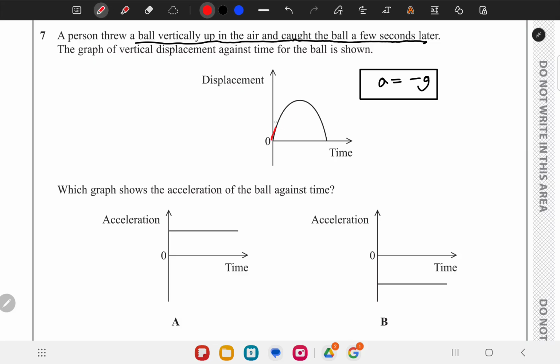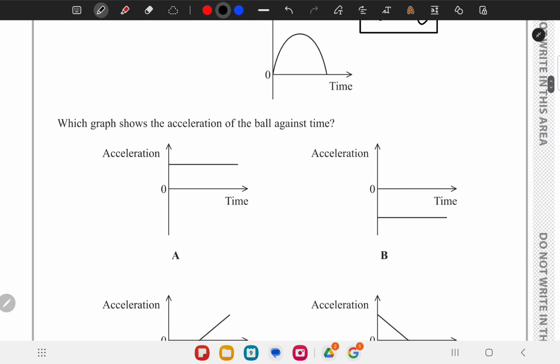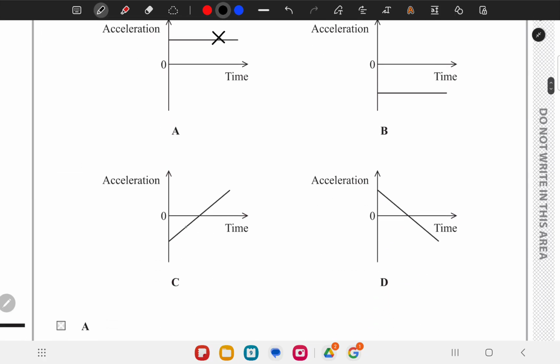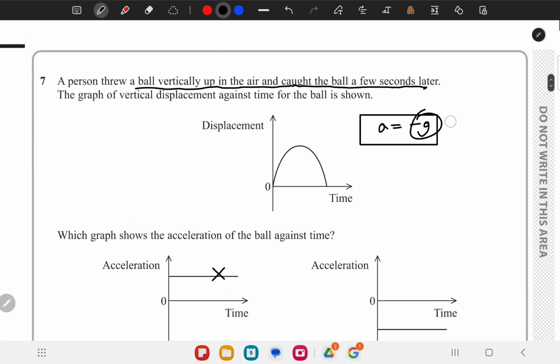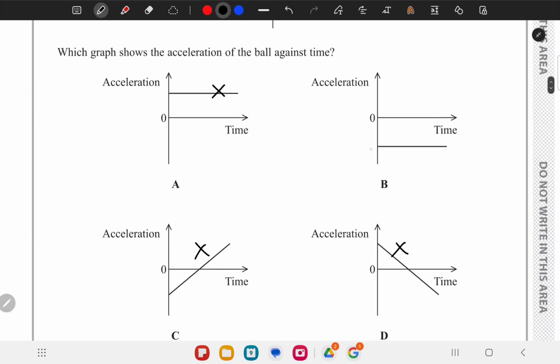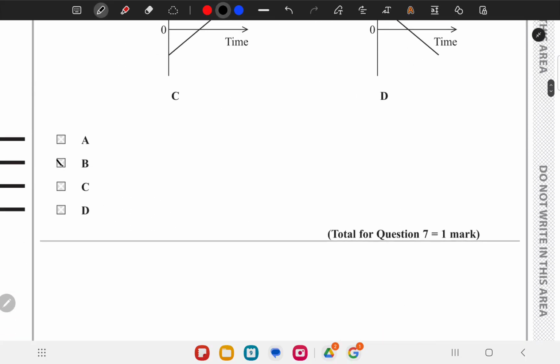If I look at it, the velocity is the gradient of the displacement time graph. The velocity is continuously decreasing, so the acceleration must be negative. If the acceleration was positive, the velocity would keep increasing and be like this. In this case, acceleration is positive, this is wrong. In this case, acceleration is changing, this is wrong. g is a constant value, g doesn't change, so this will be a horizontal line and it will be negative, so B is the answer again.